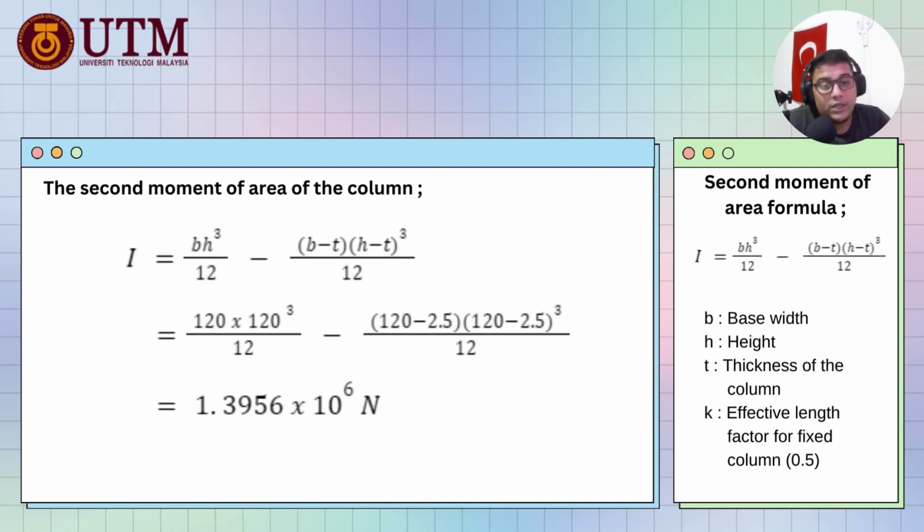After calculating, as here 220 multiplied by 120 cubed divided by 12, the result will be 1.3956 times 10 to the power 6. This is the result for the second moment of area of the column. For the second moment of area, the column has been evaluated with B the base width and H, and this is the information given to you on the right side.